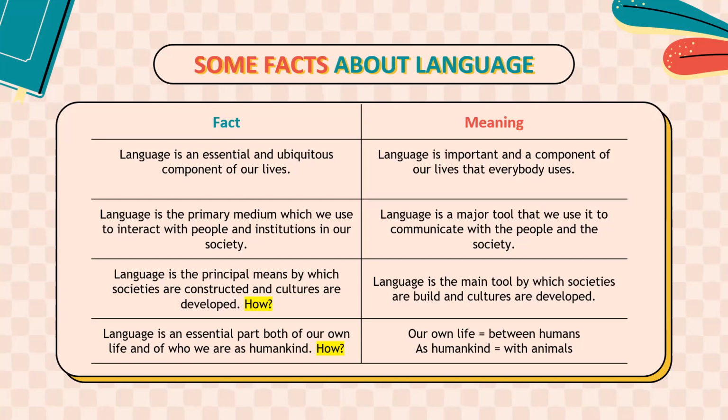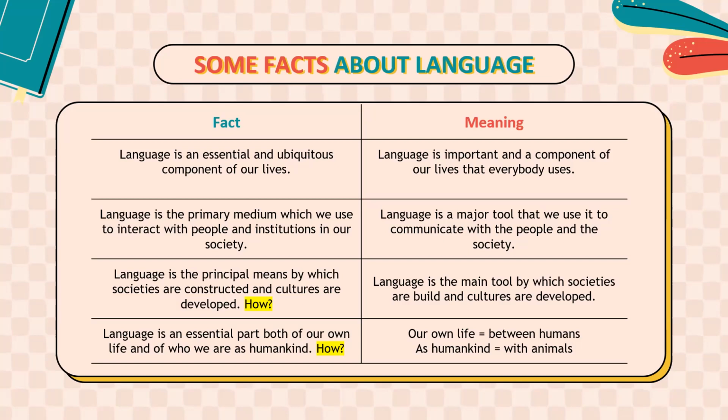So as the language develops, the culture develops itself. Here we have the language as the thing that constructs societies, and it is the thing that develops cultures. Whenever the language develops, it means that the culture is developing. First, we had Old English, and the people were not that developed.